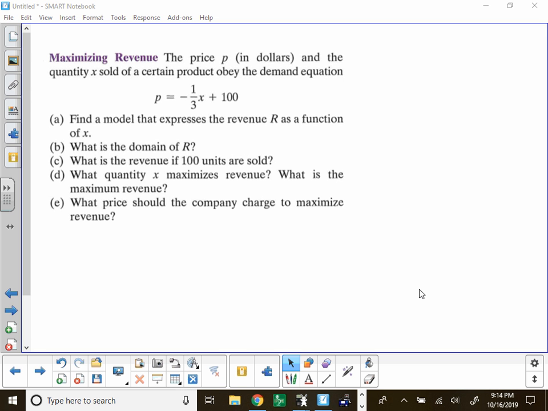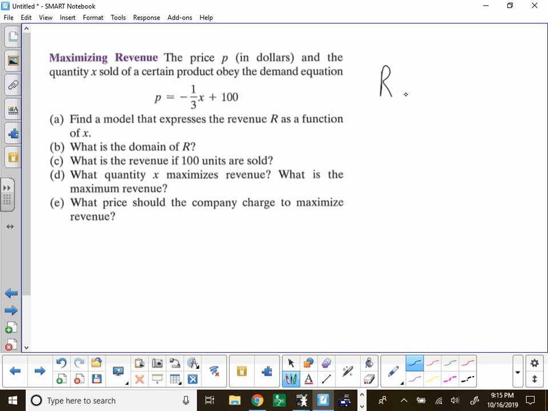So we have the price P in dollars and the quantity sold X of a certain product obey the demand equation. And we know that R, there's my pen working, and I can pull up a pen here.